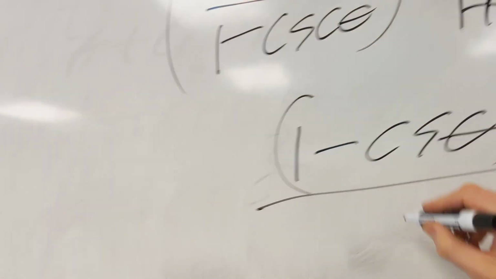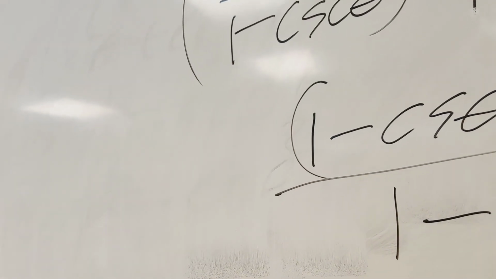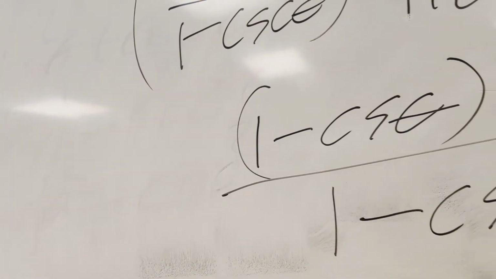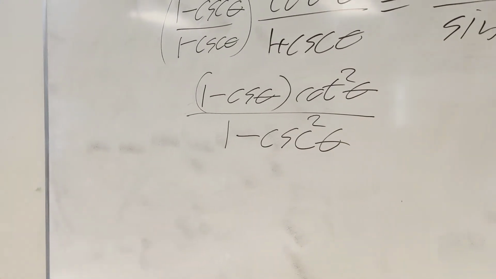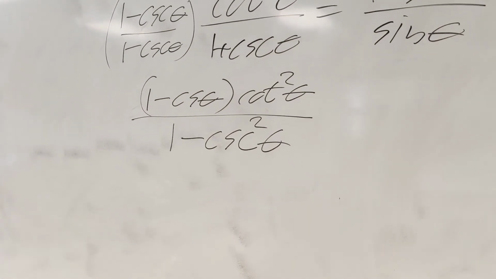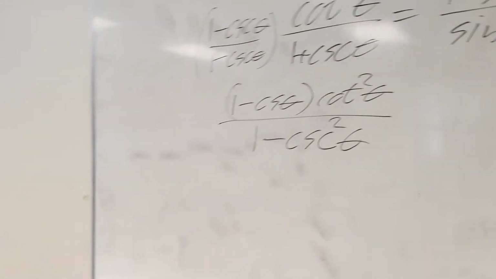over, and this is going to be 1 minus cosecant squared theta, right? So look at your chart. What is 1 minus cosecant squared theta?